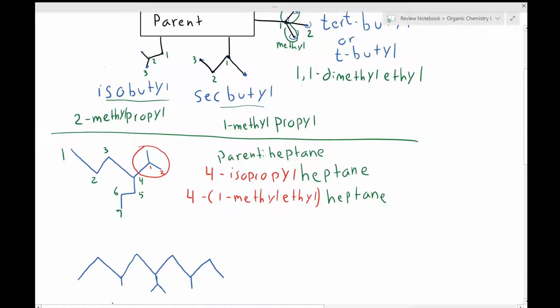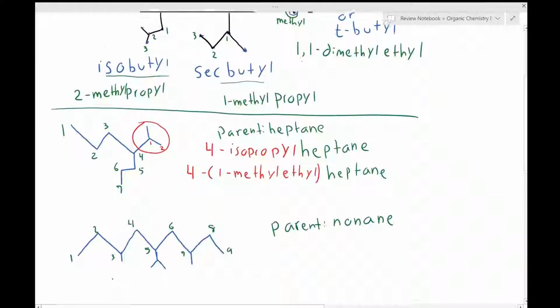Moving on to the next one. Count our longest carbon chain. Parent here, we have 9 carbons now. So that is a nonane. Let's look at our substituents.